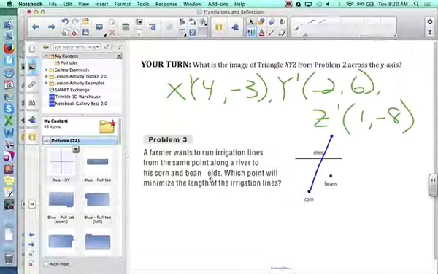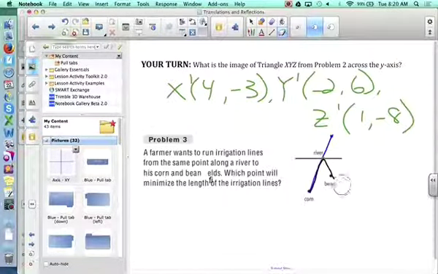So that point at which it's hitting the river is the point that minimizes the length of my irrigation line. This black line is how to minimize my irrigation lines, which is kind of a real-world application of reflection.